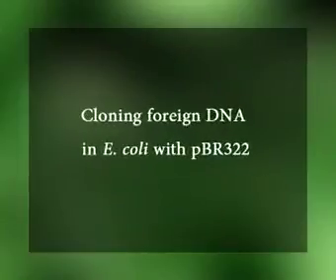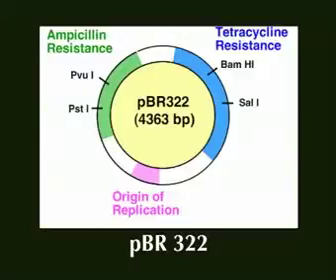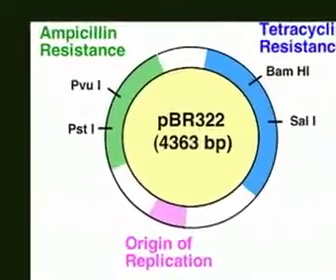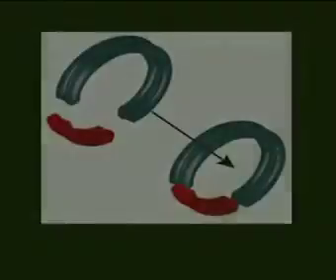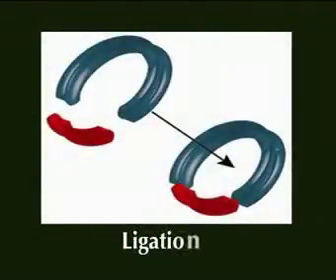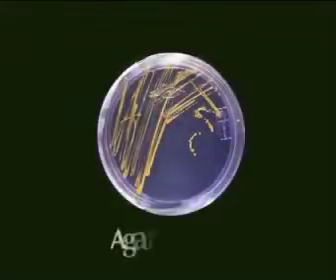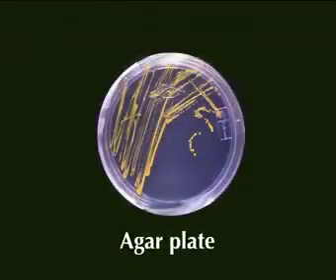Now, cloning of foreign DNA in E. coli with pBR322. If foreign DNA is inserted at the PstI restriction site, the ampicillin resistance element is disrupted and inactivated. After ligation of the DNA and transformation of E. coli cells, the cells are grown on agar plates containing tetracycline to select for those that have taken up a plasmid.